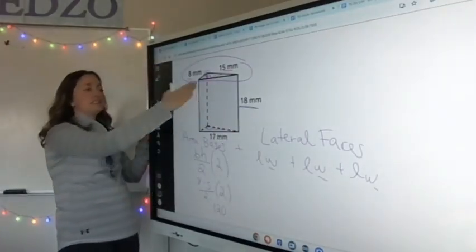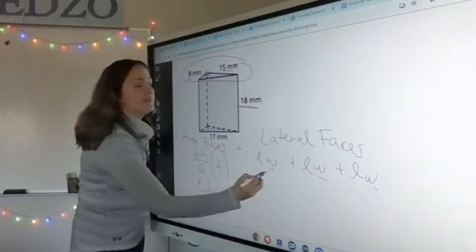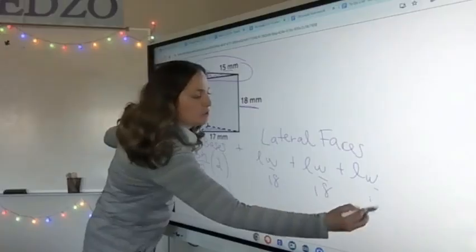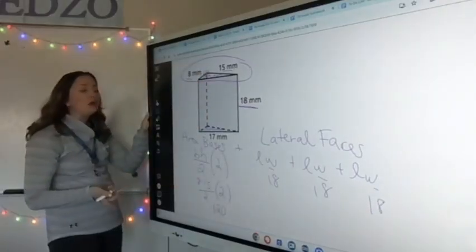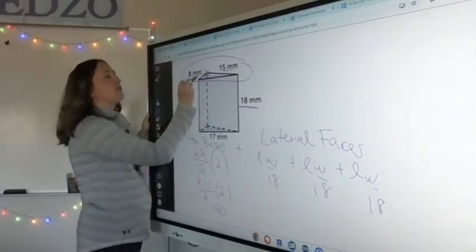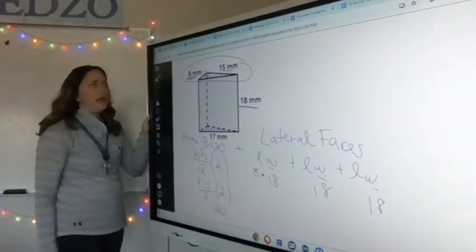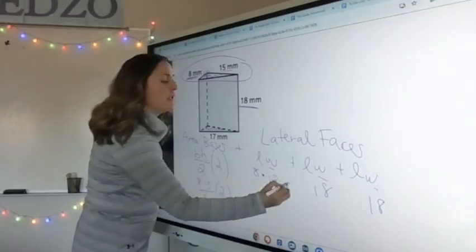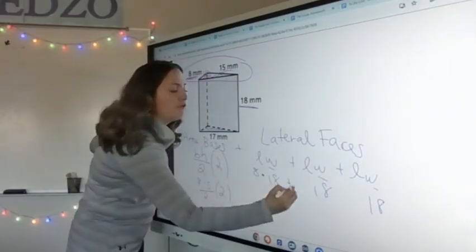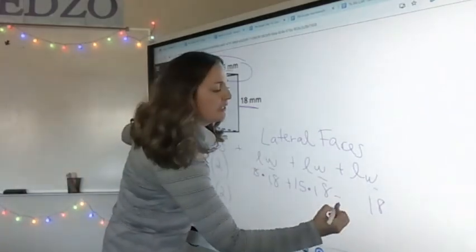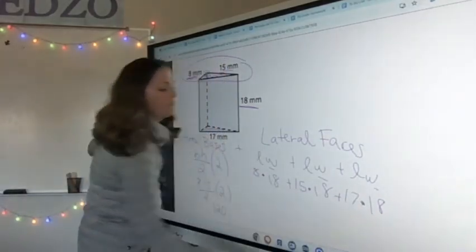That's going to stay consistent for all 3. This is 18. This one's 18. This one is 18. How do I get my different lengths? I'm going to start with my first one in my triangle. So 8 times 18 plus, I'm going to go to my next one, 15 times 18 plus 17 times 18.